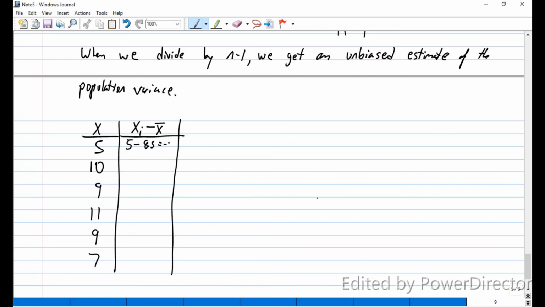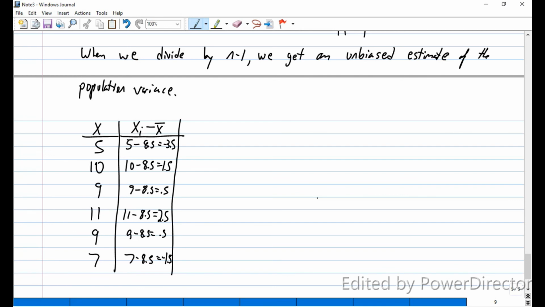We got that as negative 3.5. And then we had 10 minus 8.5, and that was 1.5. 9 minus 8.5, 0.5. 11 minus 8.5, was that 2.5? And then 9 minus 8.5, that was 0.5. And 7 minus 8.5, and that was negative 1.5. All right, so we've already done that.